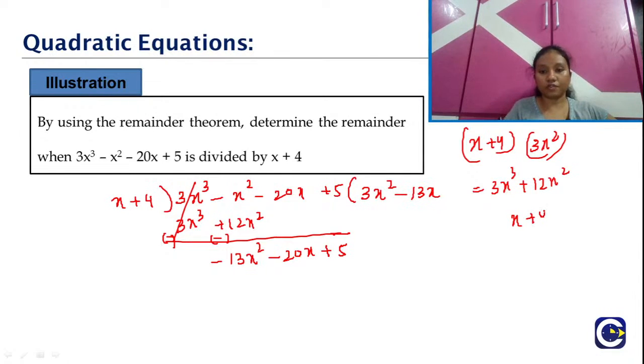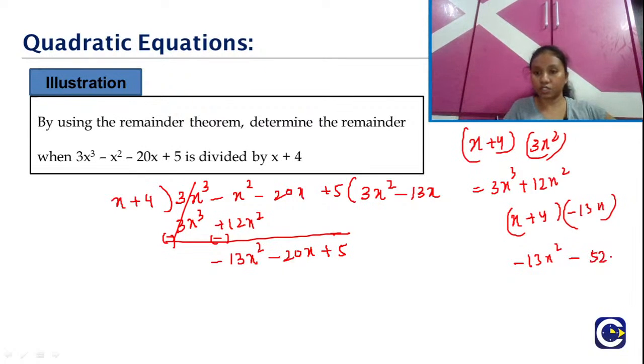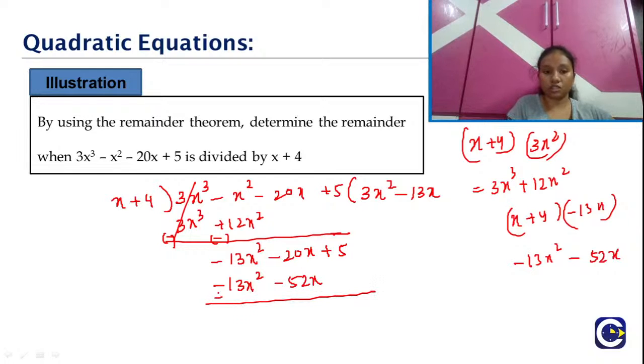So x plus 4 into minus 13x is minus 13x square minus 13 into 4, which will be 52x. So minus 13x square minus 52x, guys. So this will be getting cancelled, minus plus, that means 52 minus 20 will be 32x plus 5.